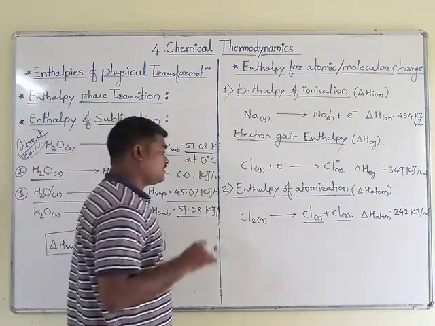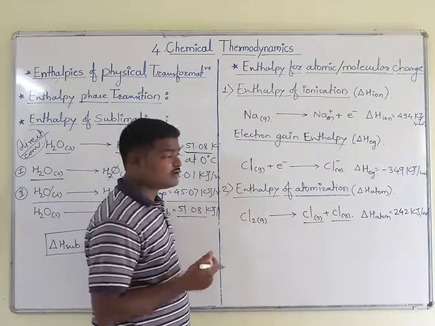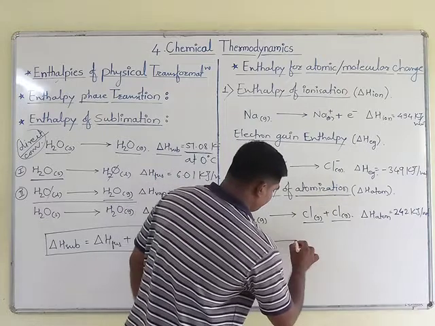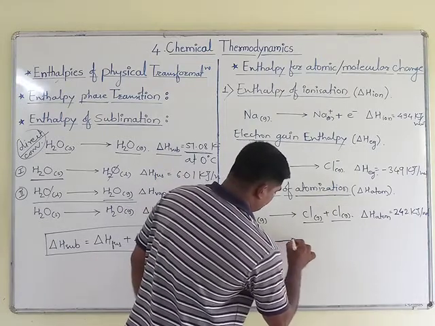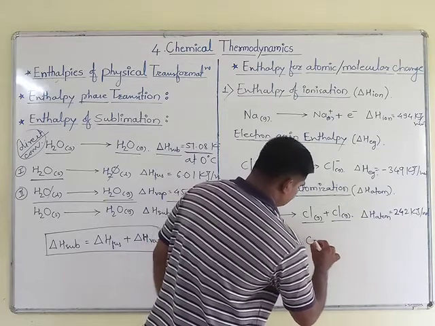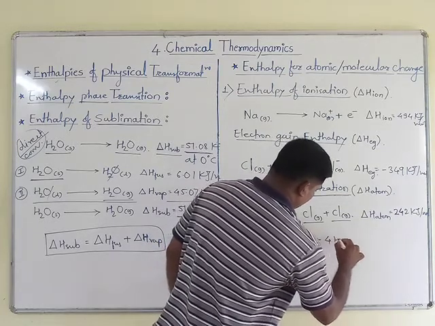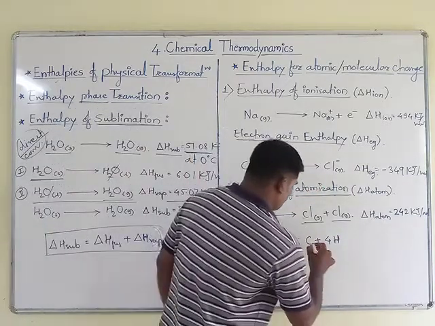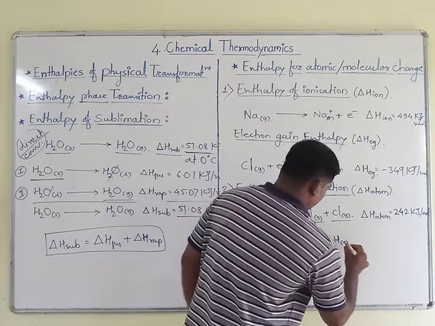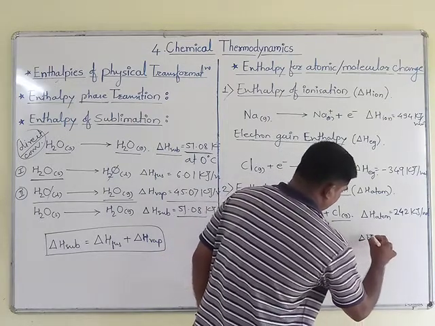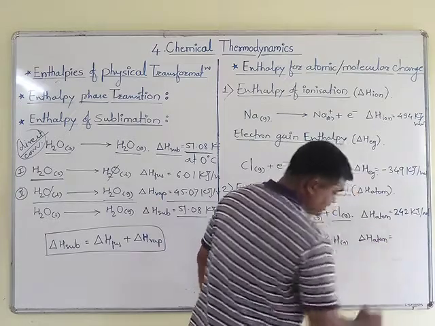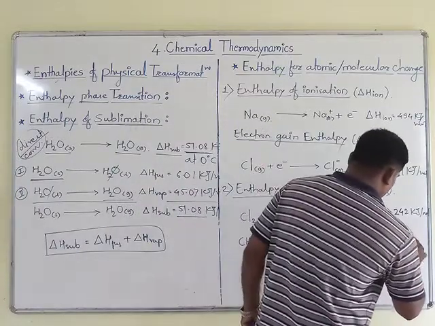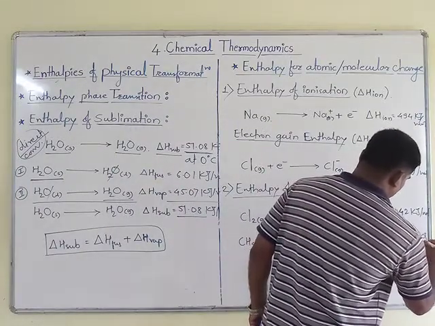And again, if we consider another example of a gas, that is methane, CH4, which is in gaseous state, when it dissociates into the corresponding atoms, that is C plus 4H, for this conversion again we are measuring delta H atomization, and the amount of enthalpy required is 1660 kilojoule per mole.